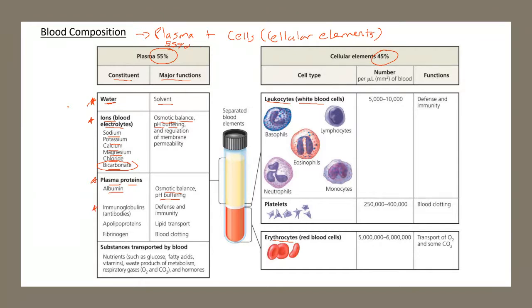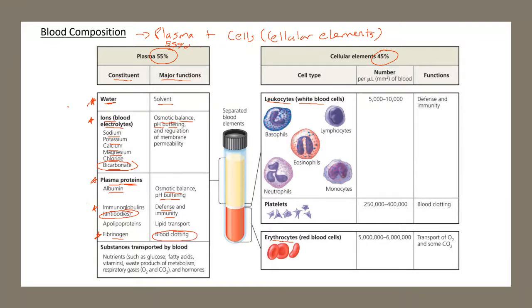Immunoglobulins, better known as antibodies. You have a lot of antibodies, and antibodies are proteins. Defense and immunity. And fibrinogen, which is very important, especially for blood clotting, and we'll talk about it in a second.